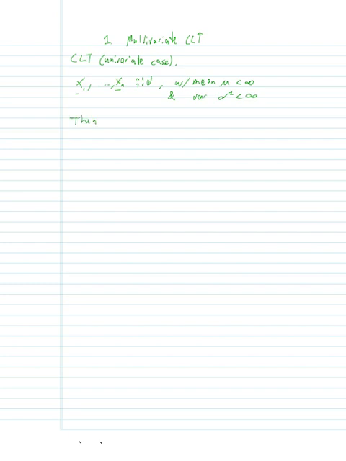Then the CLT states that the sample average of these n iid samples, minus the mean, over sigma, the standard deviation divided by the square root of n, converges in distribution to z, where z is the normal distribution with mean 0 and variance 1.